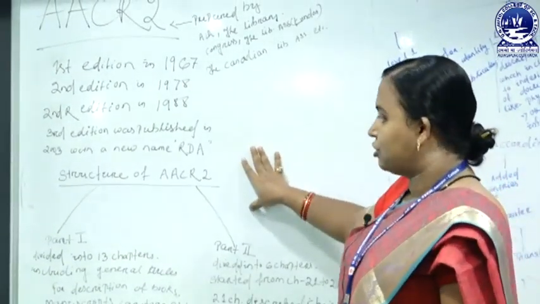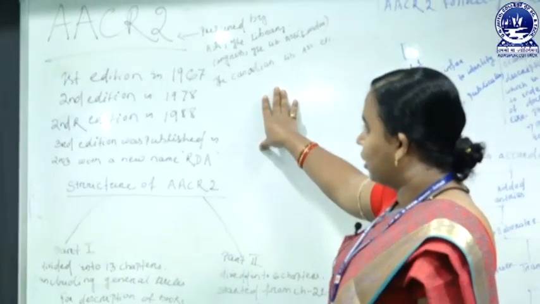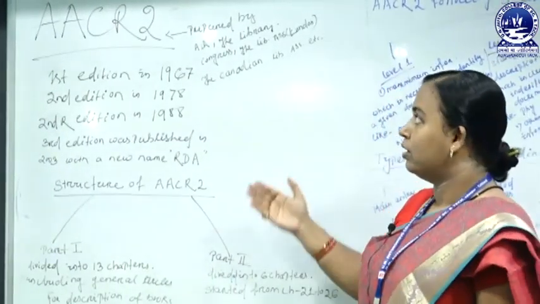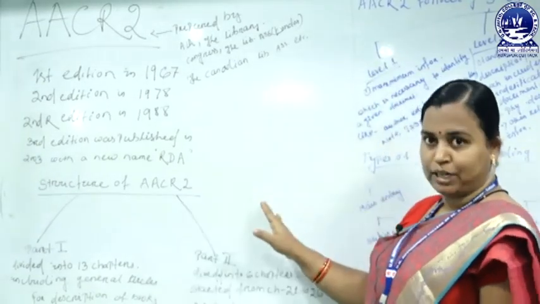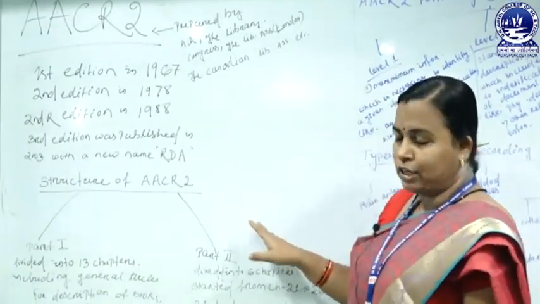So, this is the structure. It is a code, and the whole of AACR2 is divided into two parts, part 1 and part 2.